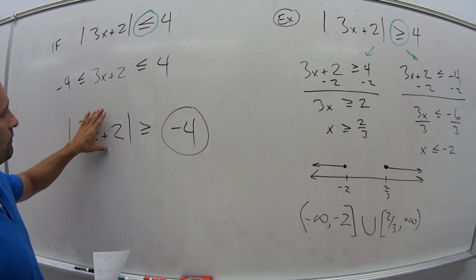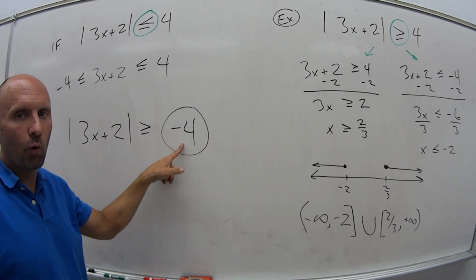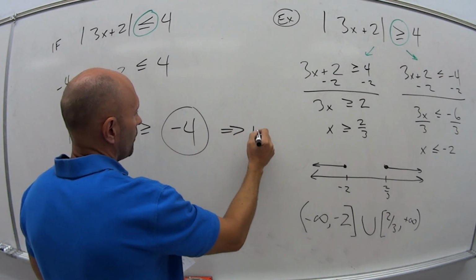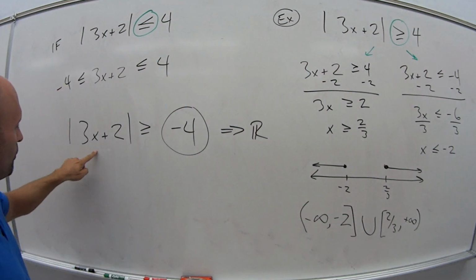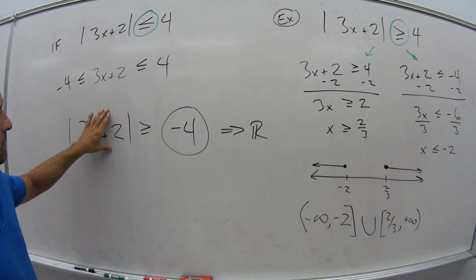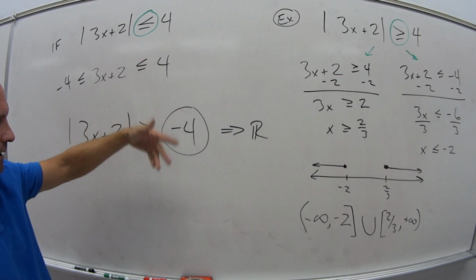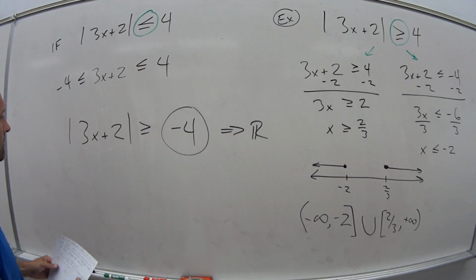What if I have absolute value is greater than or equal to negative 4? Well, my answer is what? My answer is all real numbers, because no matter what I put in here, this is going to end up a positive number, and a positive number is always bigger than negative anything, no matter what this negative is.